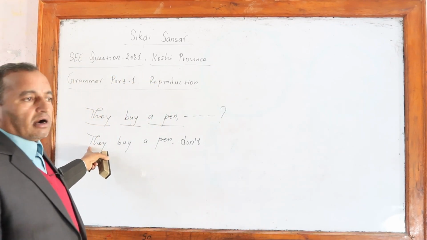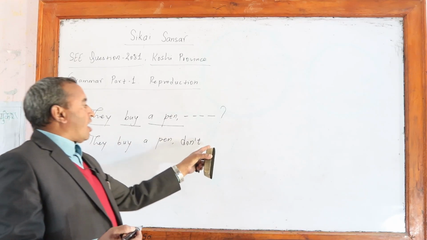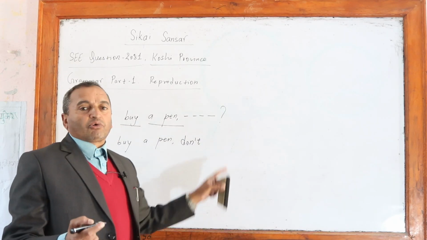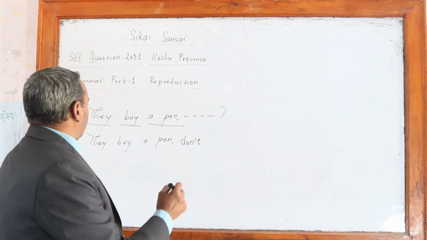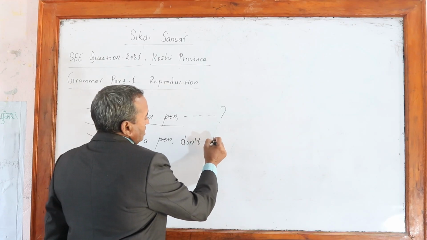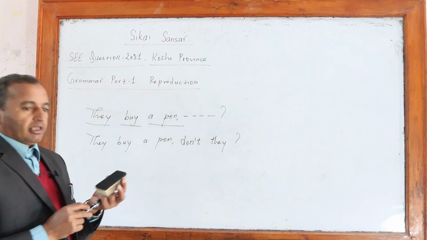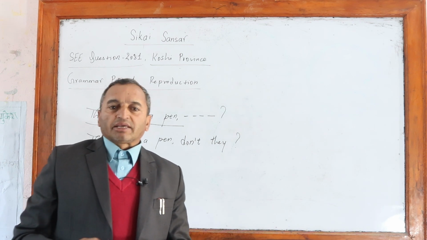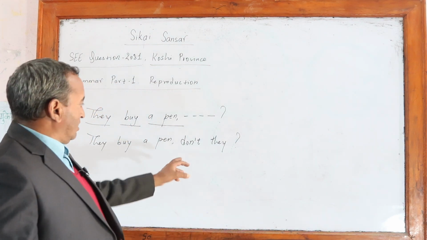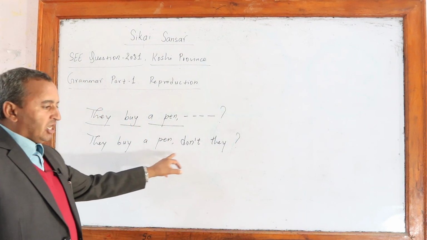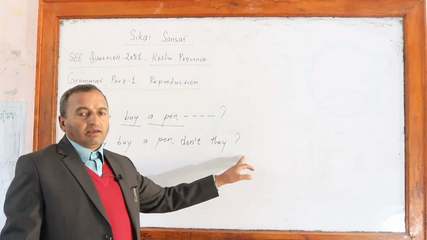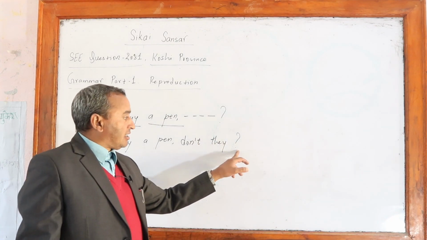That means the T earlier was a capital, but now it comes in the middle, so we have to write a small letter. So "don't they". Look, hence we can solve the problem given in the present tense. Look here, they buy a pen, don't they? So it's the correct question tag here.